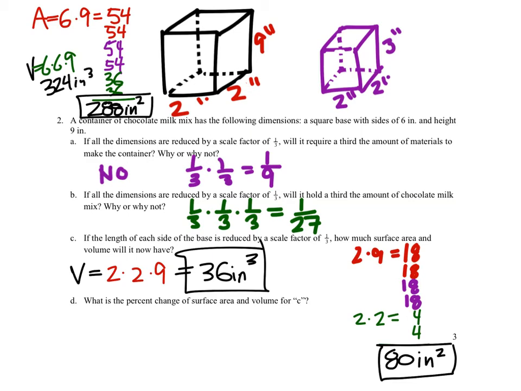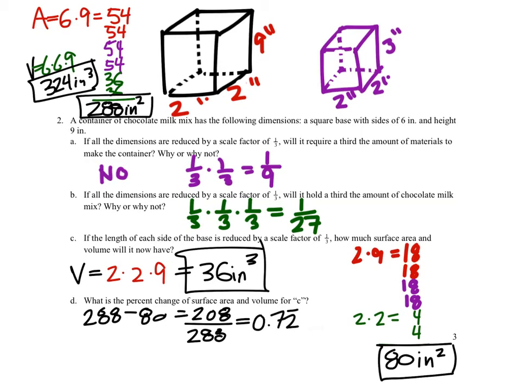To find the percent change, we have to figure out how much it changed. Let's do surface area first. The surface area went from 288 to 80, which means it changed by 208. We divide that by the original amount, 288. As a decimal, this is 0.72 repeating, which is about a 72% change.